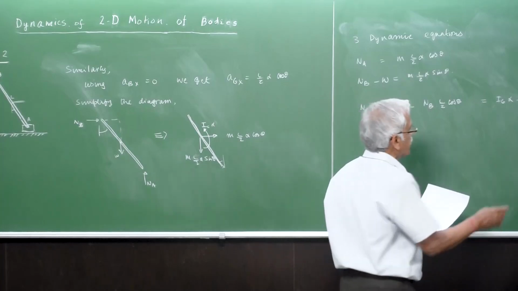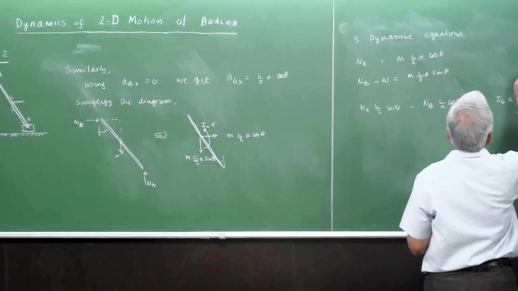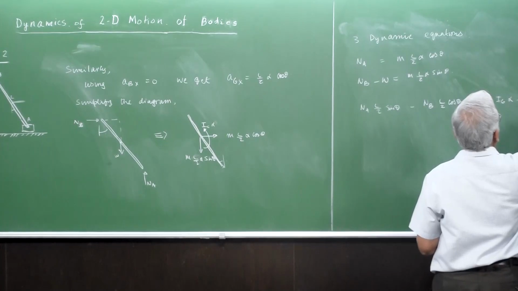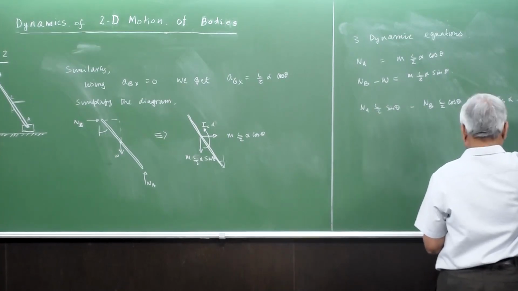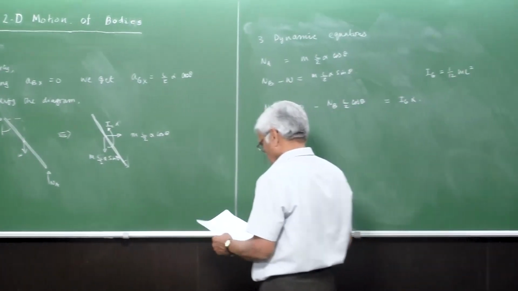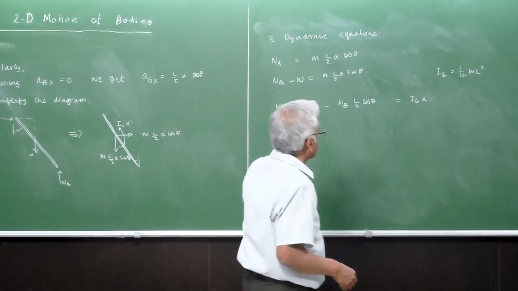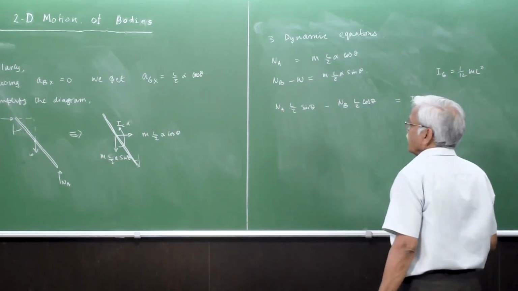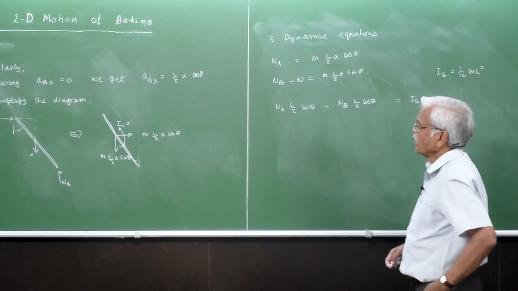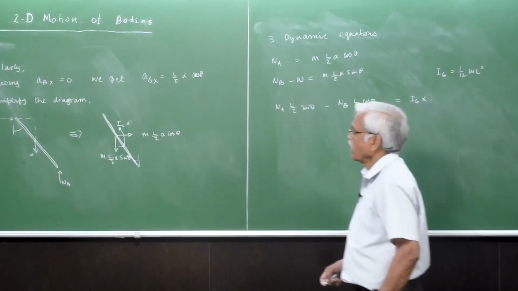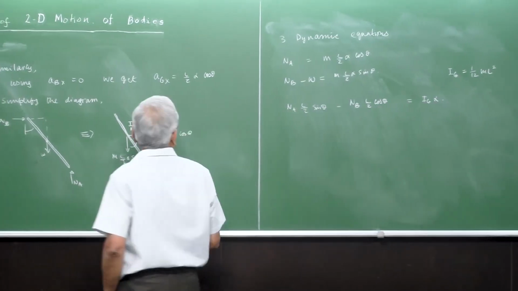Ig is 1/12 ml square. So these are the three equations, and then you can solve for the alpha here, right? Okay.